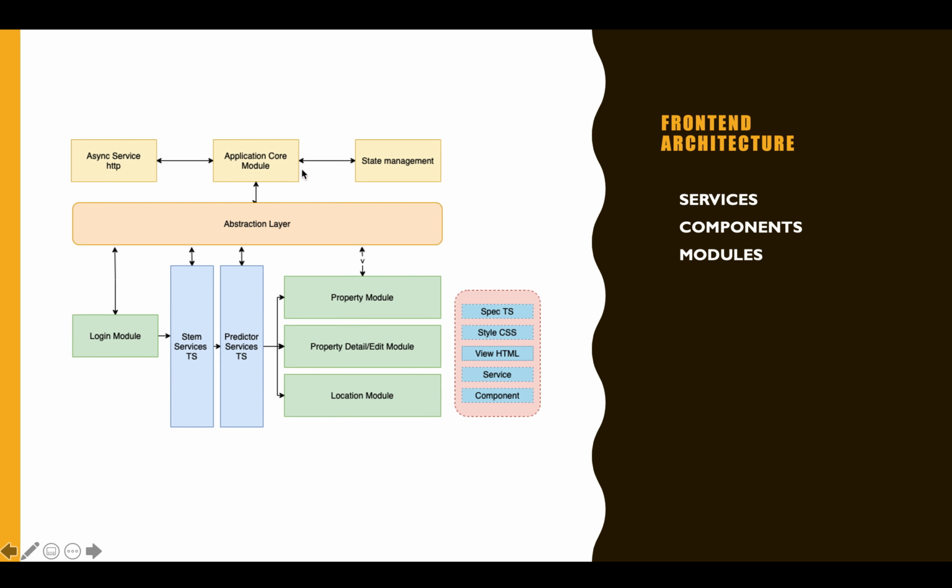We have all of these services that are served up not by Axios, but by the observables that come with Angular. And then each module has components, service, HTML, CSS, and TypeScript. So this is the setup of how these components are strung together and orchestrated inside the Angular application.